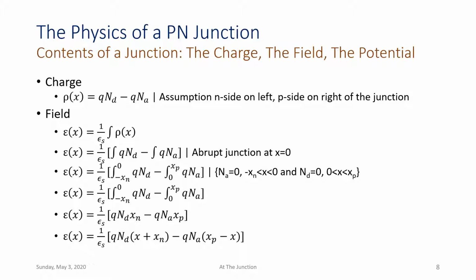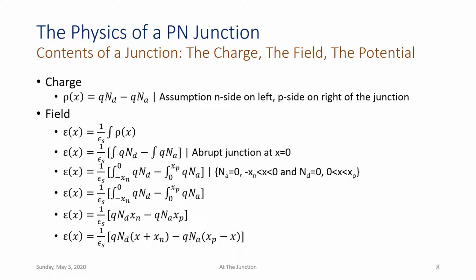So rho of x, the charge density, equals Q N sub D minus Q N sub A. This is assuming that the n side is on the left and the p side is on the right of the junction. And the integral of the charge density divided by the permittivity of the semiconductor is the electric field.